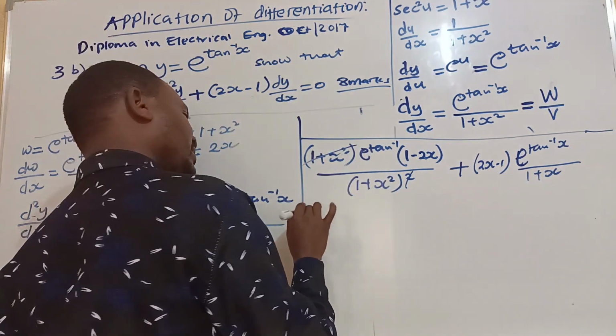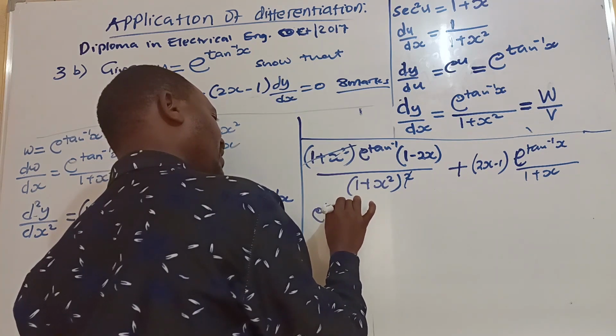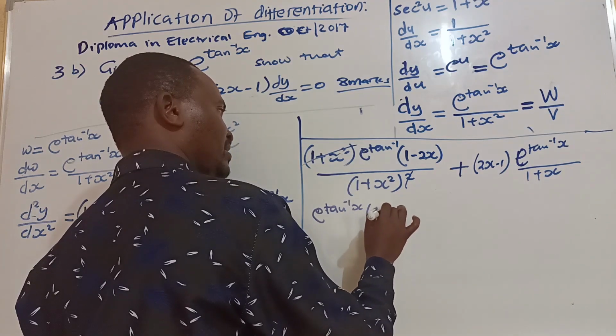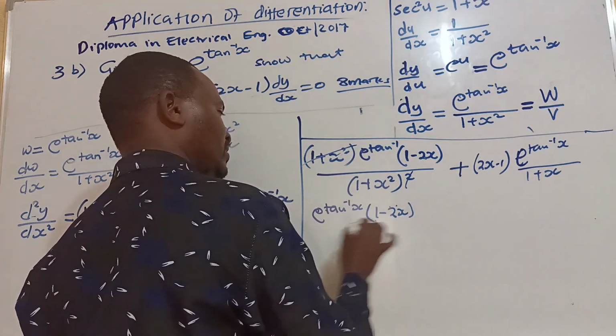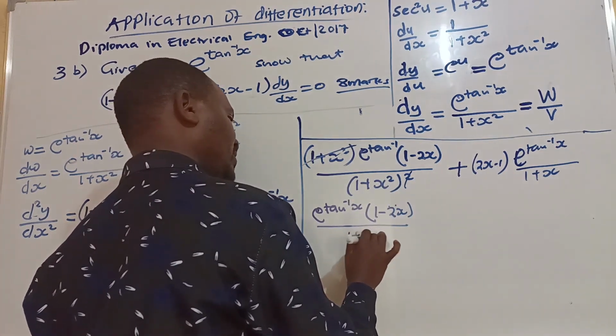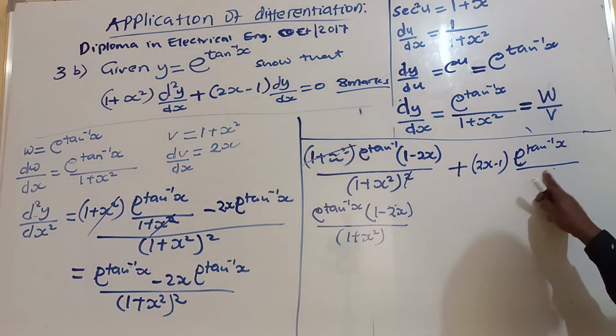So that finally we have exponential tan inverse x, this one, into 1 minus 2x all over 1 plus x squared. I've made a mistake here. I hope it won't confuse you.